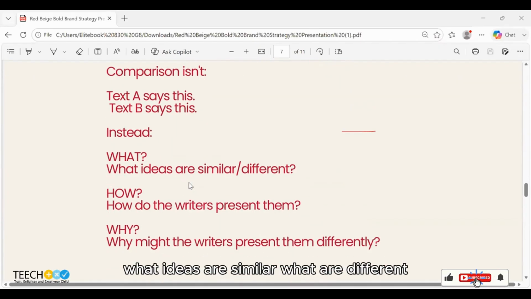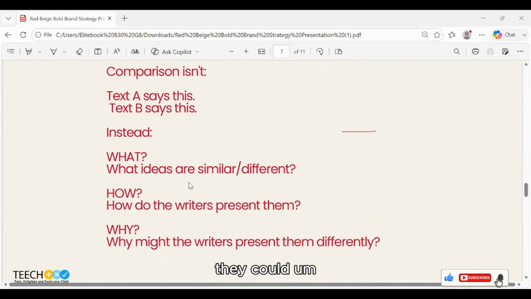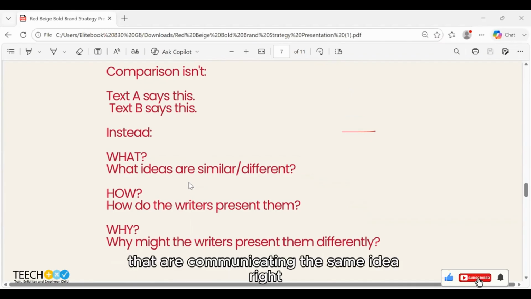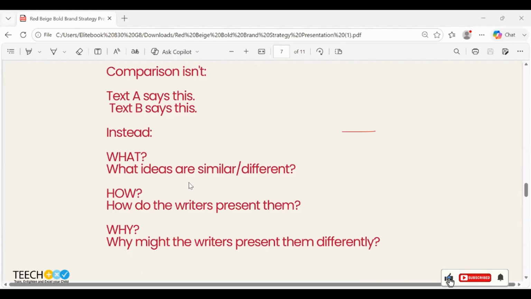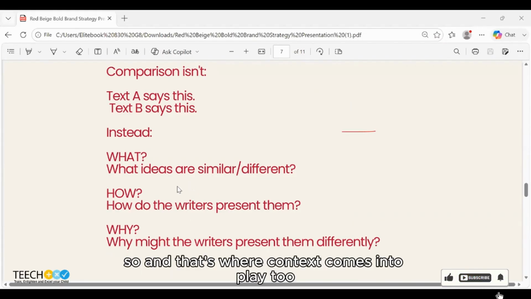What ideas are similar? What are different? In these comparison questions, they could bring two different texts written in different eras that are communicating the same idea. So all your learner needs to know is what is different. They're communicating the same idea, but how are they communicating it? And that's where context comes into play too.